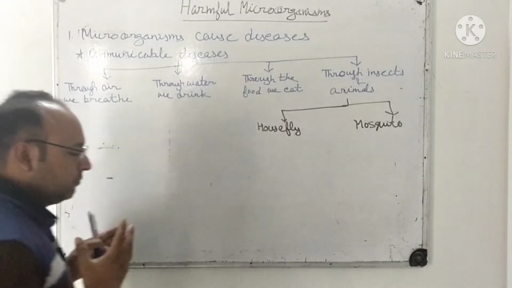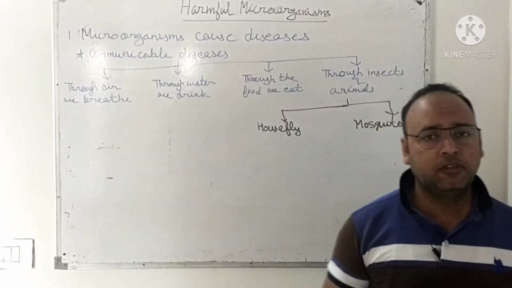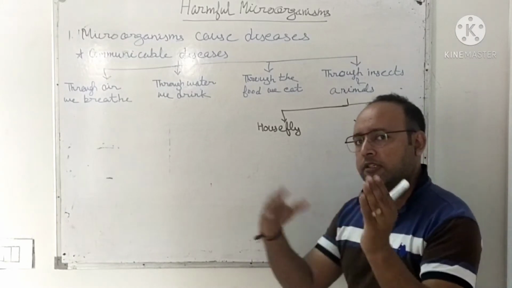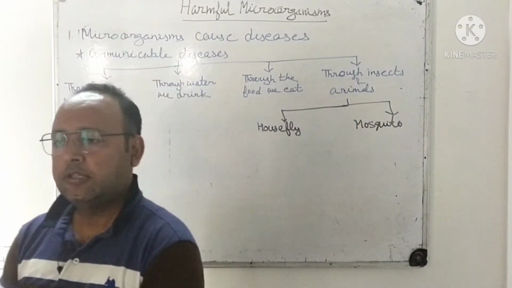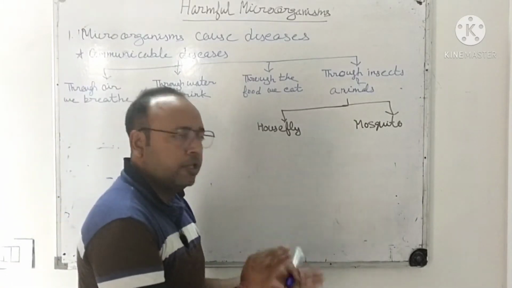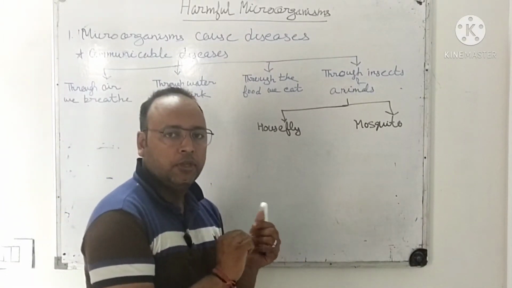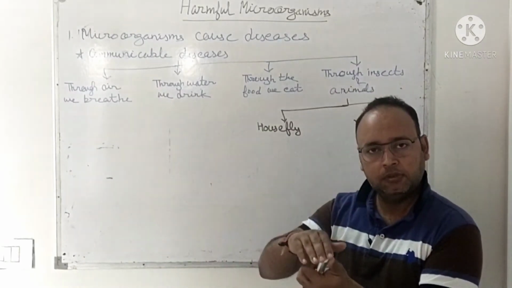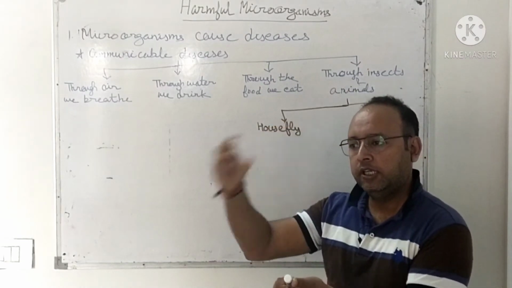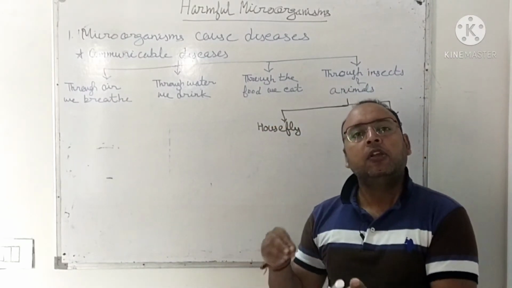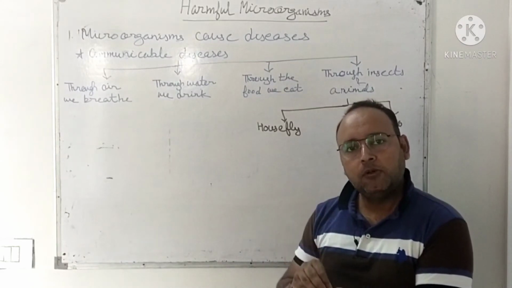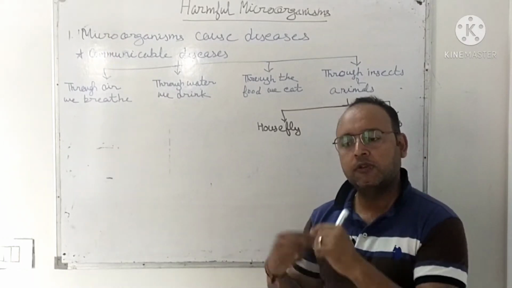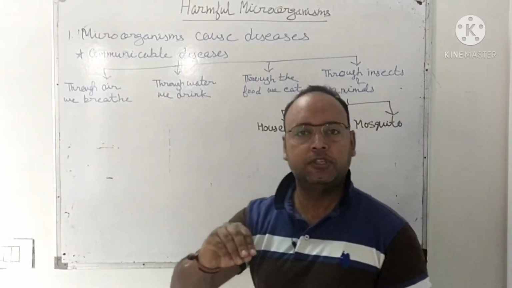We know that the housefly likes to sit on waste, human excretory waste, and dead decaying matter. So when it sits there, the microbes will attach to its feet. Then when it sits on food or somewhere else, it will transfer these disease-causing pathogens.